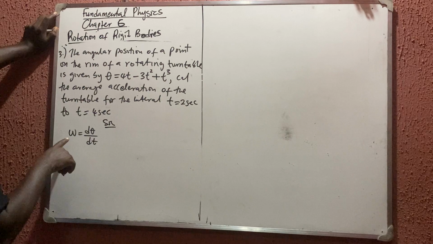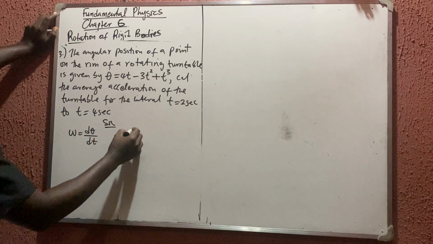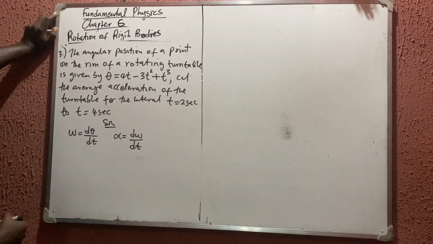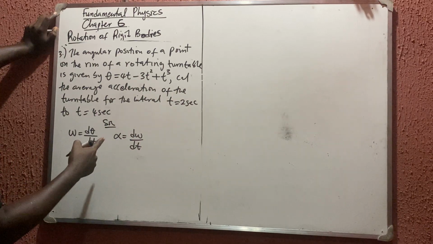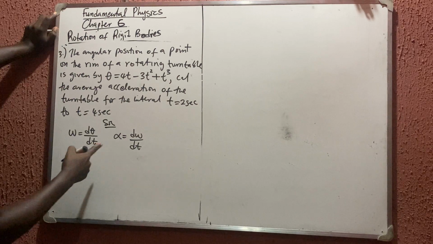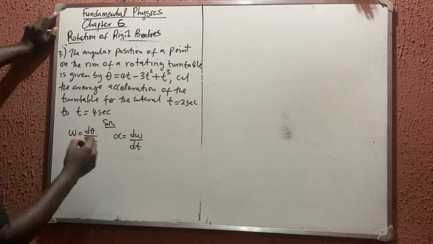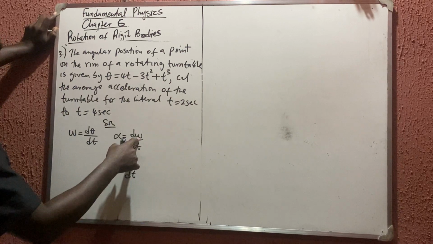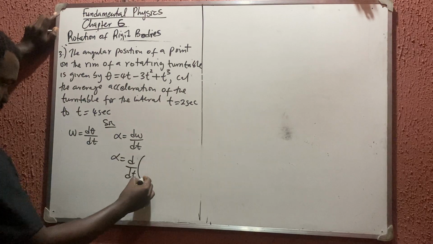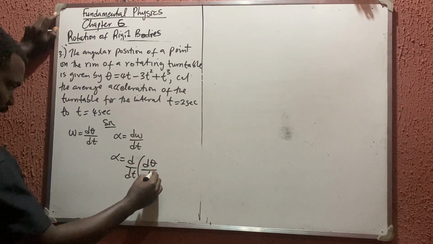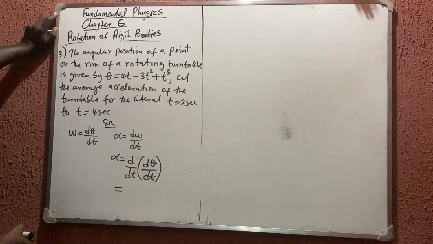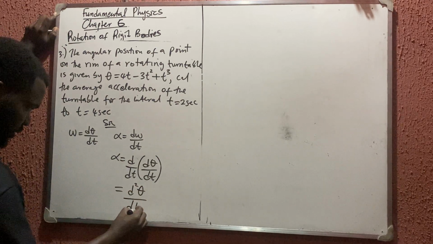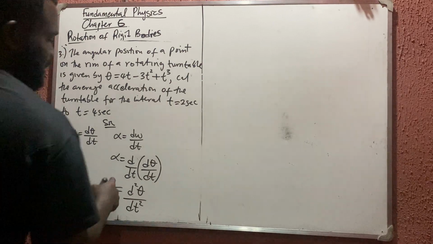And angular acceleration is equal to change in the velocity over change in time. If you bring this one inside here, instead of writing w, don't forget that w means d theta over dt. So this is going to be the second derivative, which is d squared theta over dt squared.